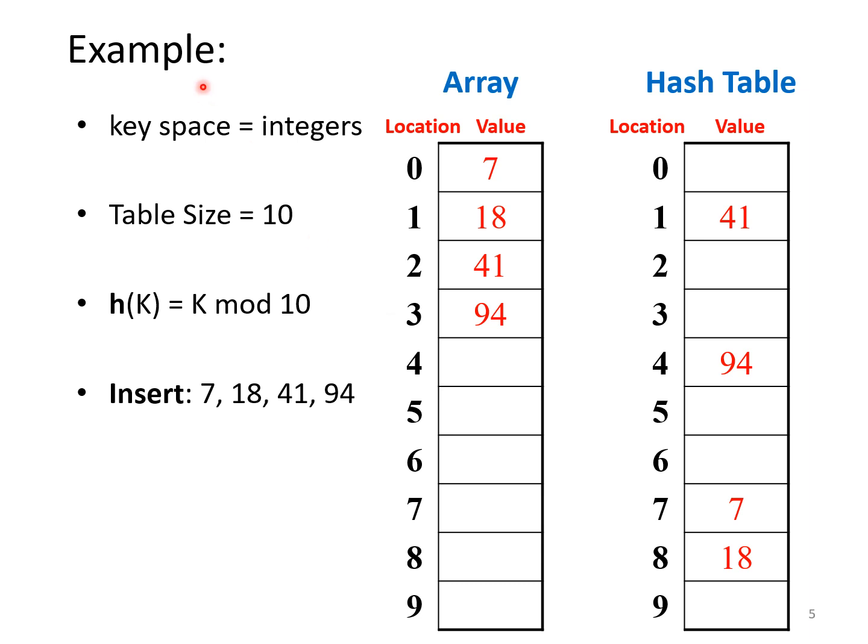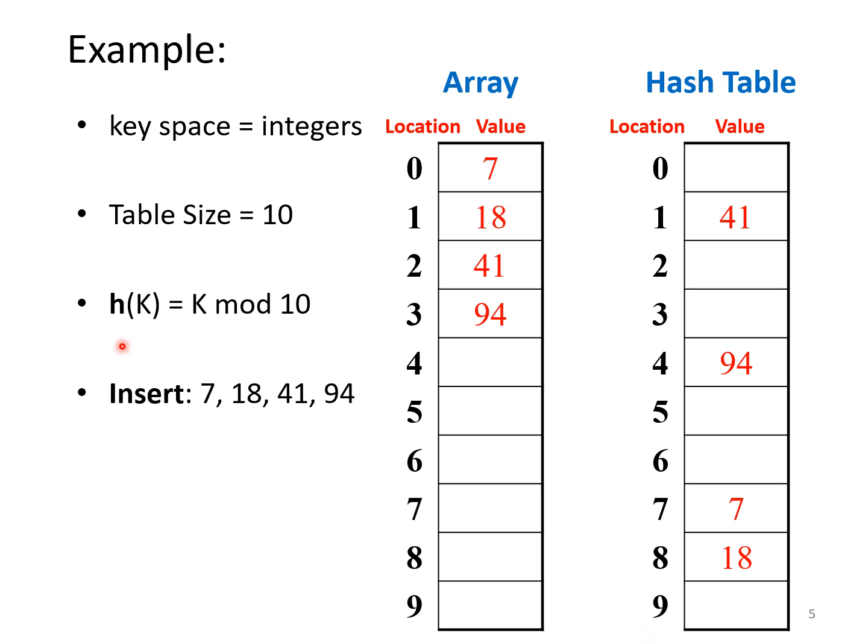Here is an example for a hash table. I have taken both array and hash table for better understanding. Key space is integers. That means we are going to store some set of integers in the array as well as in the hash table. Table size is equal to 10. That means totally we are going to store 10 elements. So in the array, the locations start from 0, 1 to 9. Similarly, in the hash table, the locations start from 0, 1, 2, etc. to 9.